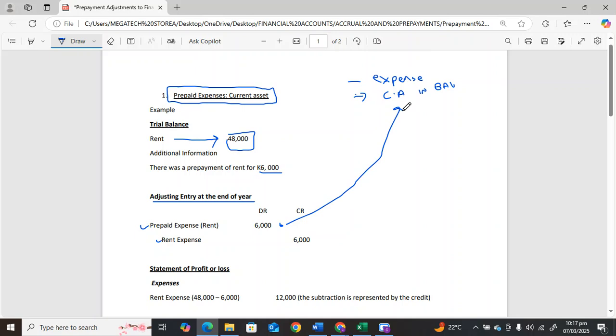Remember, assets increase with the debit, so the prepaid rent will appear on the balance sheet as a current asset. Expenses increase with the debit, so whenever you credit an expense, you're lowering that expense. So this credit entry of 6,000 is what we're deducting out of this 48,000.